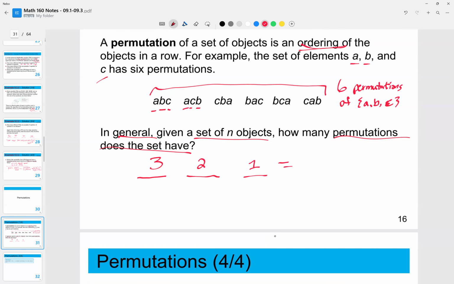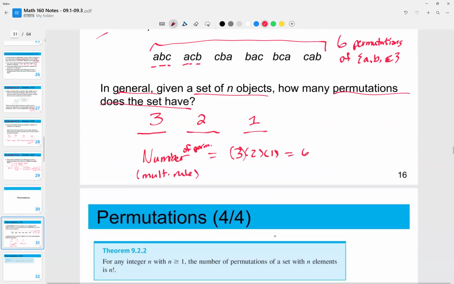Okay? And that just means the number here by the multiplication rule would be 3 times 2 times 1. Okay? I should say the number of possibilities, of permutations. And that's just 6.